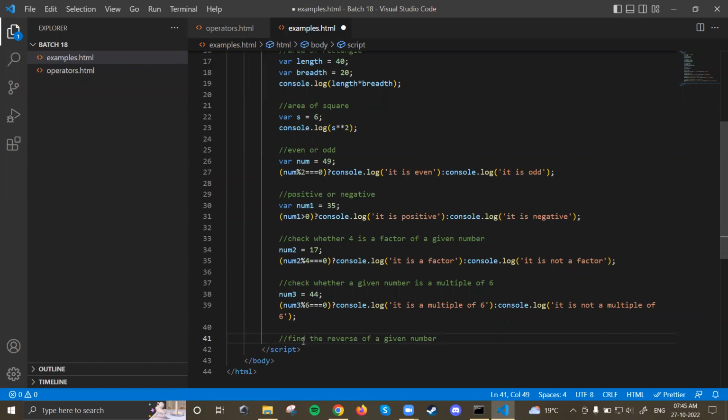How do we find the reverse of a given number? What do we do for that? Do you have any idea? This is a complex scenario. So what do we do for that?